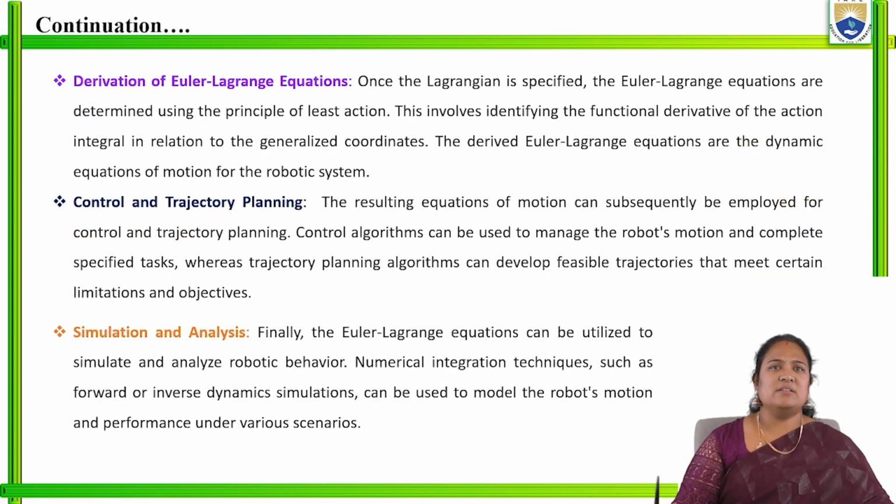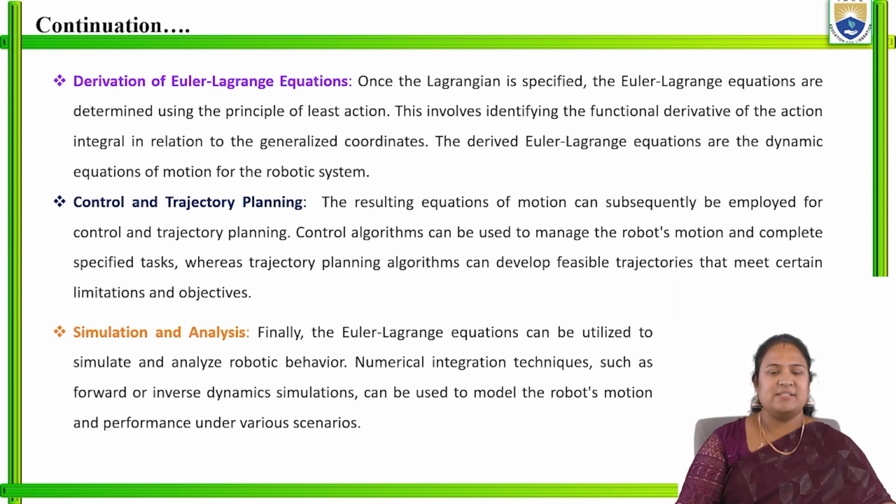Next, moving on to the next step, that is deriving the Euler Lagrangian equation. How do we derive this equation? These are the steps the robot follows in order to determine its motion, the kinetic or potential motion involved in moving the manipulator.